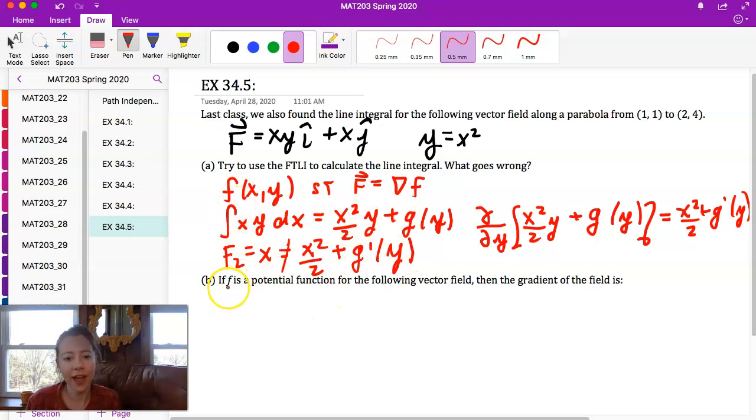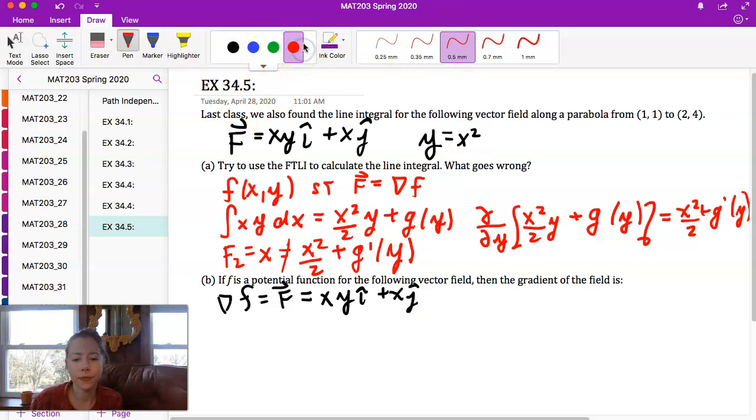So if f is a potential function for the following vector field, which is still going to be xy i hat plus x j hat, then the gradient of the field is, so let's go through that. The gradient of the field, grad f, is equal to xy i hat plus x j hat, right?